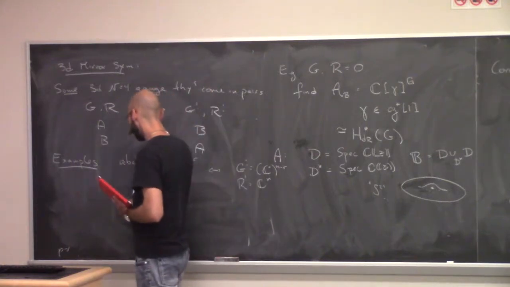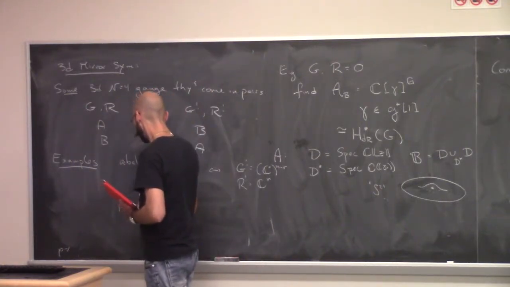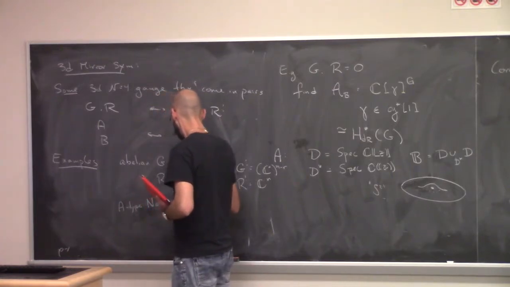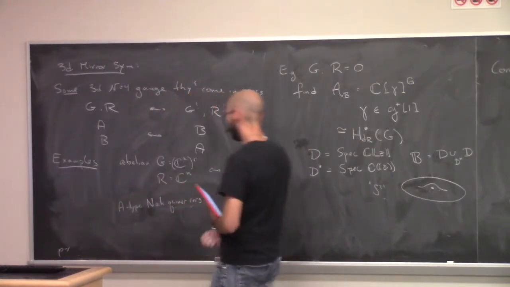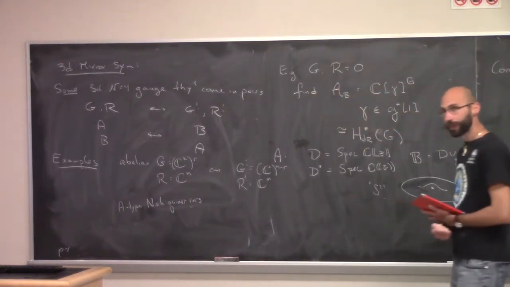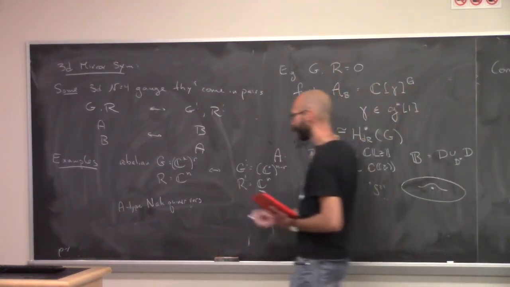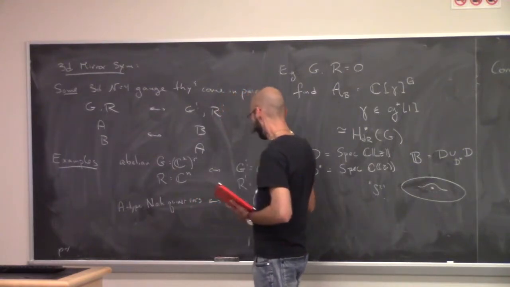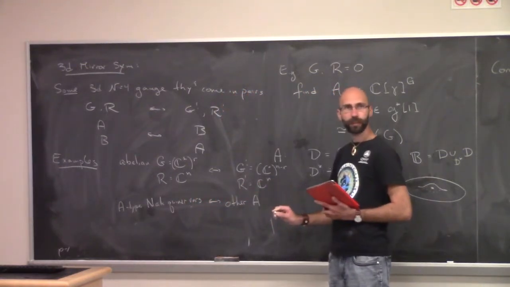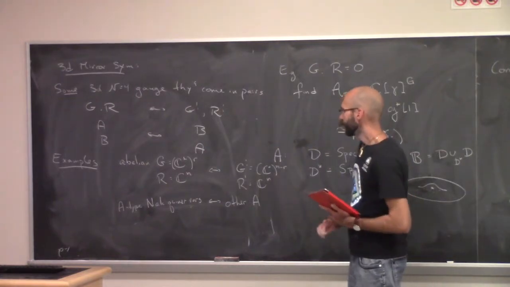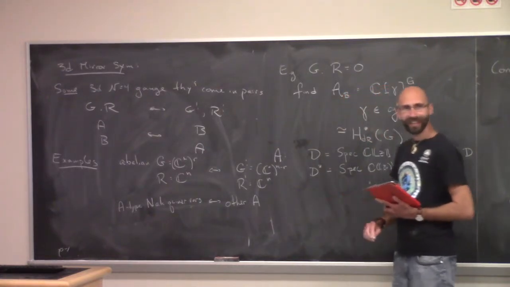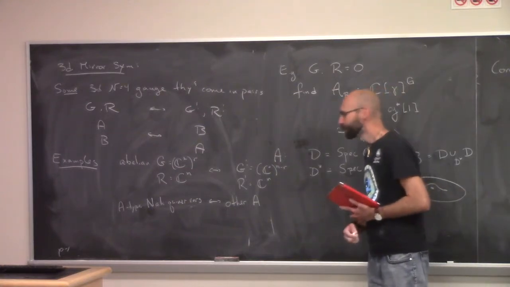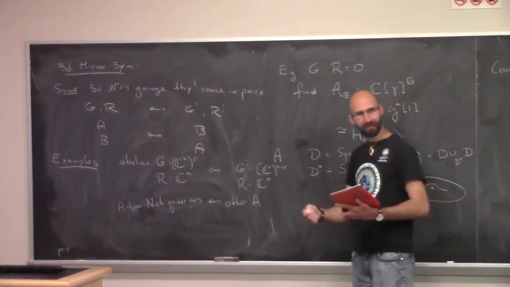Nakajima quiver varieties of type A. So those come with a group and a representation, and they are mirror to others. Sorry? Do you need to tell us how G acts now? I do, and I'm not going to. I'm running out of time, and if you want to know, I'm happy to say so.